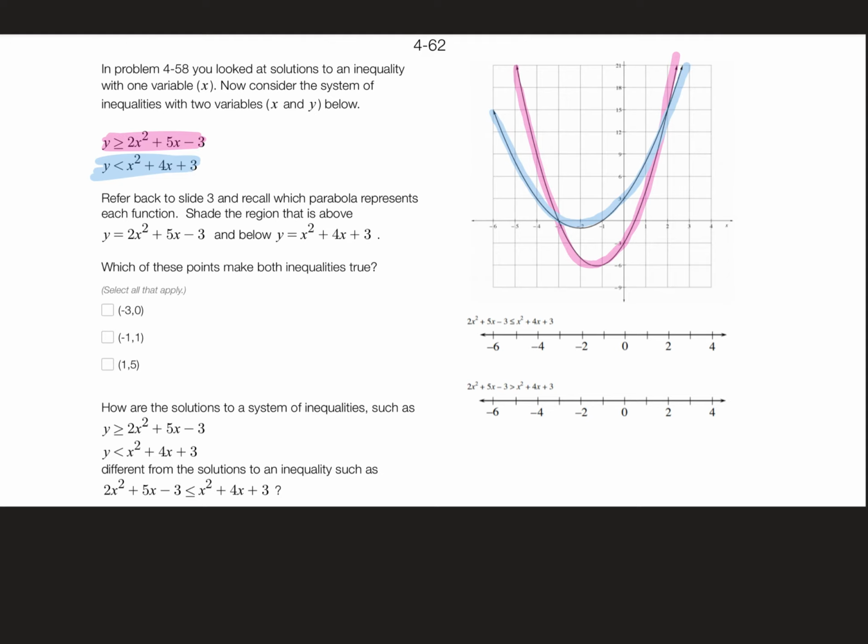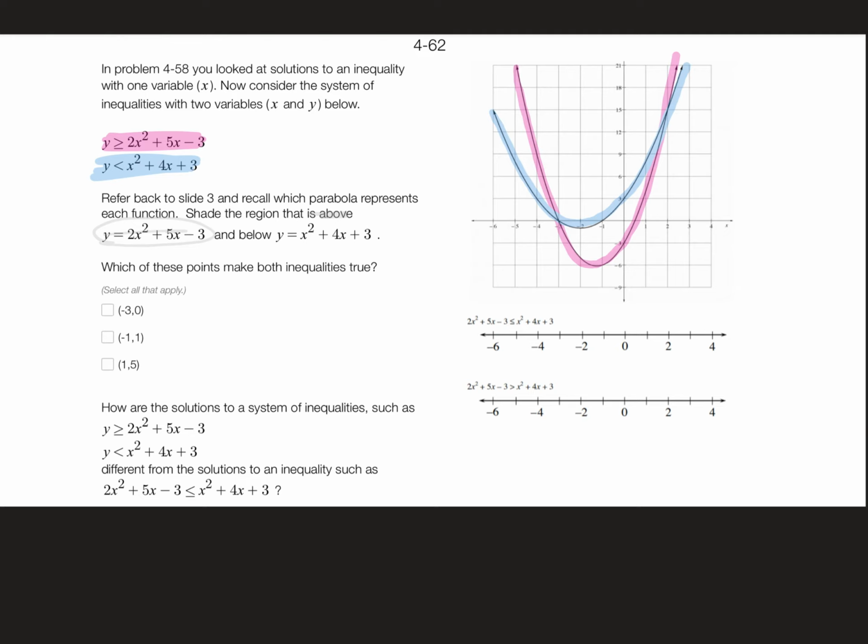Now we're going to do a couple of things here. I'm going to use a gray highlighting tool, marker, whatever you want to call it, and I'm going to shade everything that is above this first equation. So everything that's above the pink equation, all right?